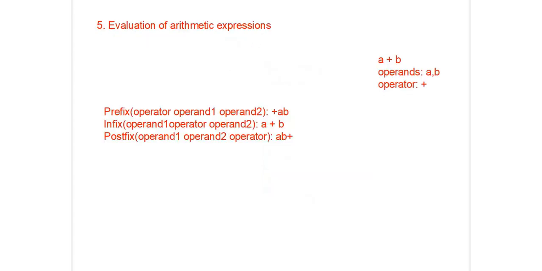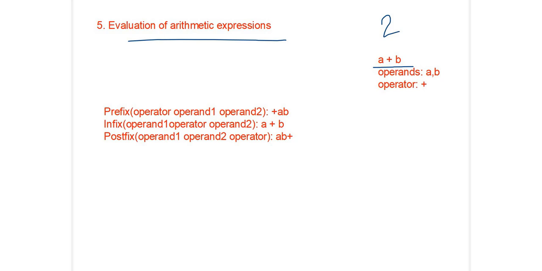Next is evaluation of arithmetic expressions. What are they? We have three types of notation in arithmetic. Back in primary school, we have been taught that this is a plus b. What is a plus b?